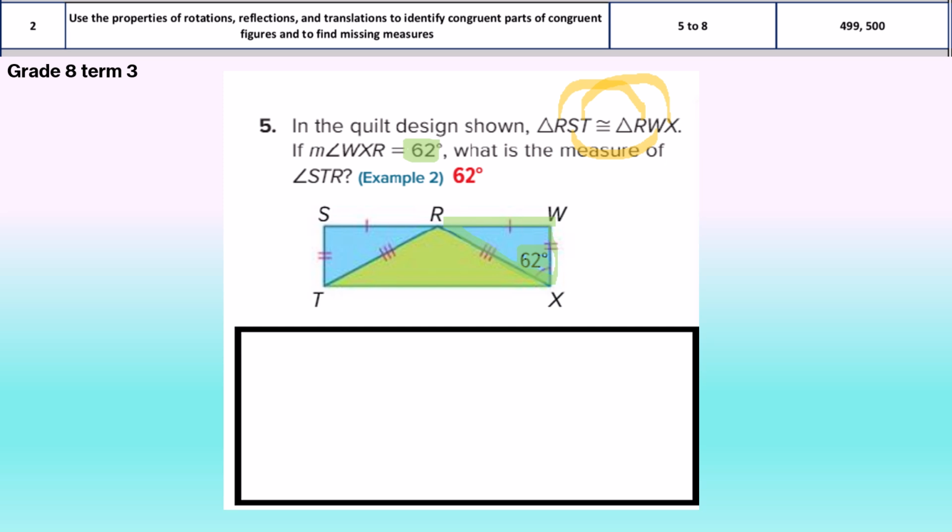If you go to the information above, then you know that angle T will be equal to 62 degrees. So this is very easy. Angle T is equal to angle X, which is 62 degrees. So always understand the concept of congruency. Congruence means it will fit exactly onto the other side.